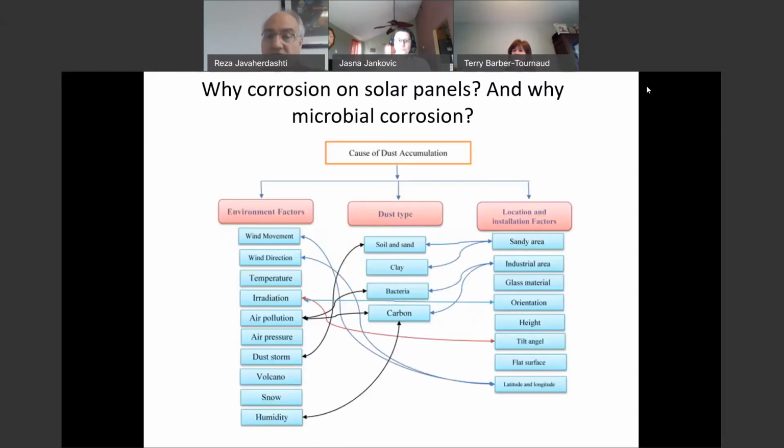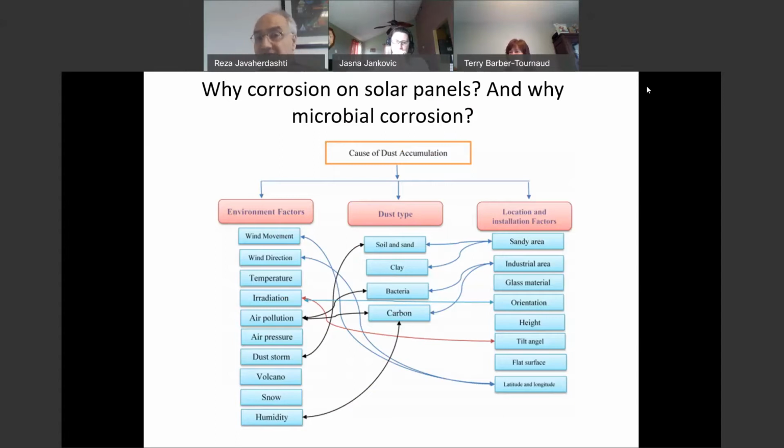There are a lot of causes for dust accumulation. Here you see the dust type, the box in the middle, which shows some of these factors. And if you go down, the third factor is bacteria, which is in relation with industrial areas, as well as air pollution.